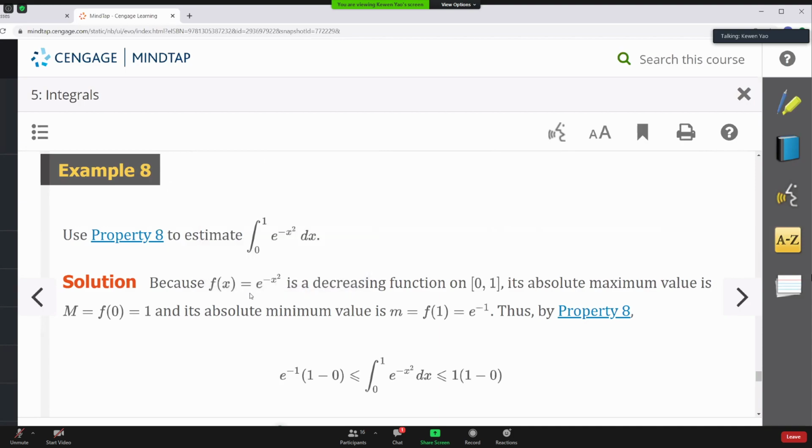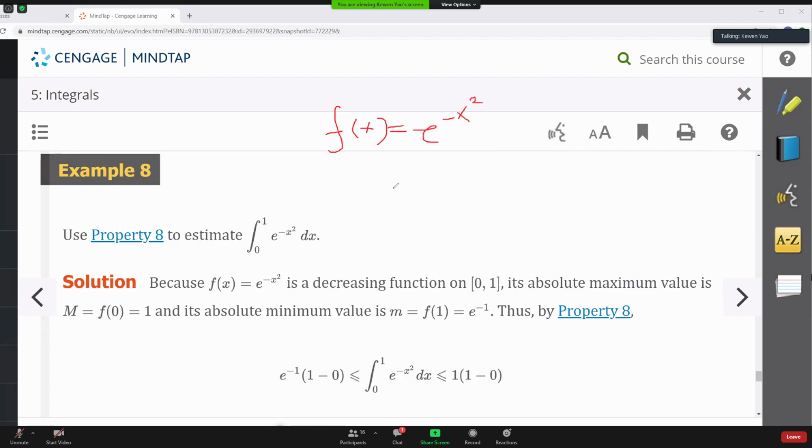The function is e to the power negative x squared, and the interval is from 0 to 1. This is a decreasing function. Tell me why the function f(x) = e^(-x^2) is a decreasing function.